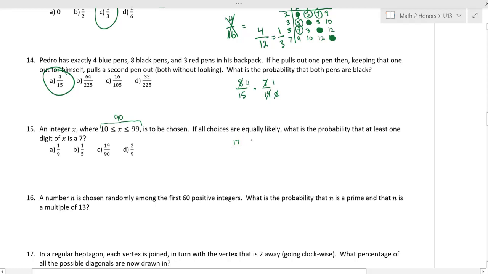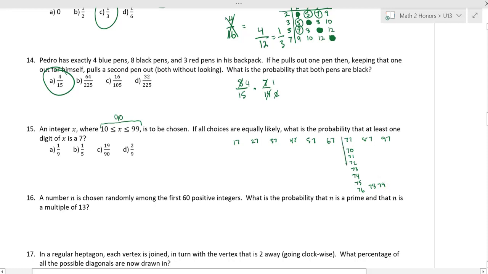Okay, so you have 17, 27, 37, 47, 57, 67, 77, 87, 97. Those each include sevens. But then you also have 70, 71, 72, 73, 74, 75, 76, we've got 77, 78, 79.